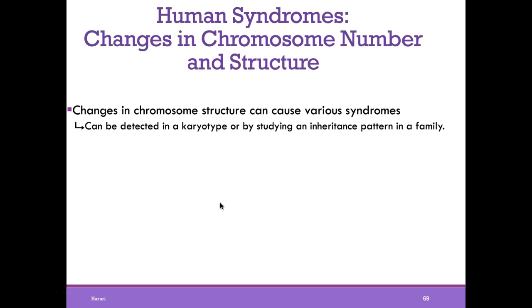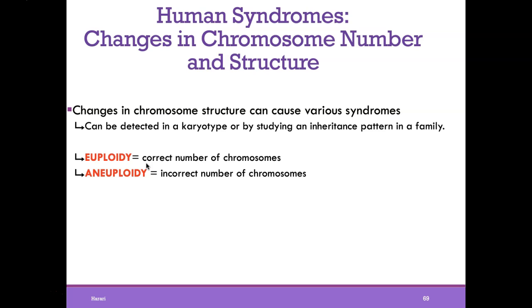We can also understand genetic inheritance a lot better, so we can look at pedigrees. But overall, we want to have the right number and the right structure of chromosomes, and that's called euploidy. Euploidy is when you have the proper number of chromosomes. So that's what we hope for.